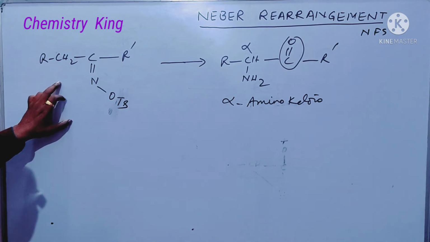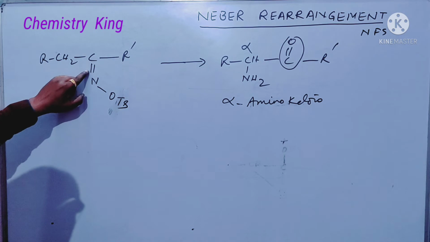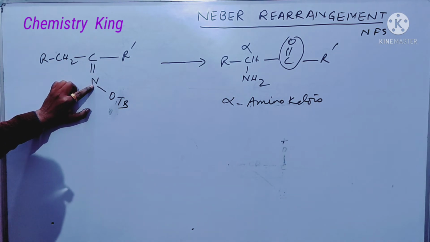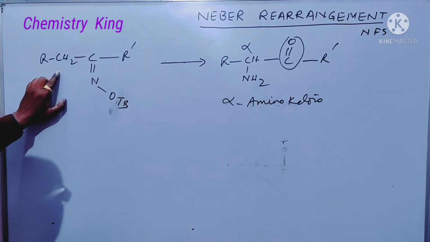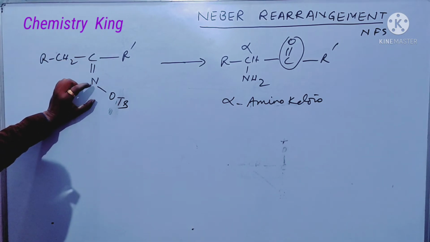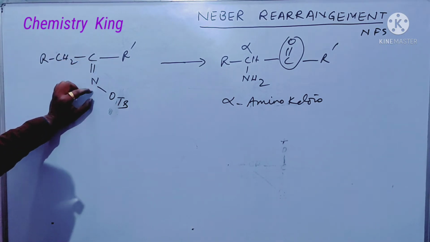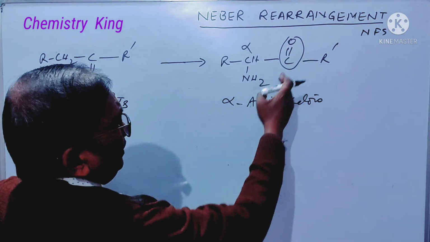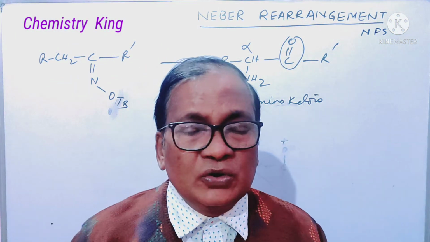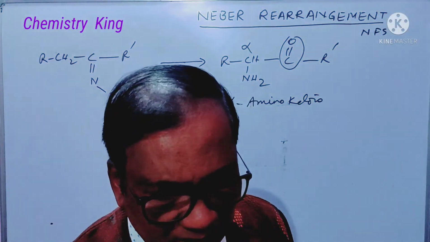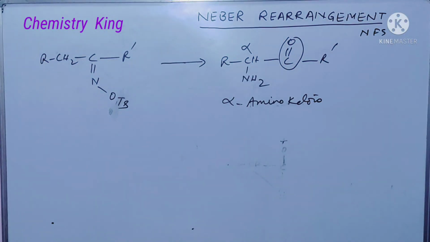Okay? Now, this is carbon double bond nitrogen, and so nitrogen has come here, therefore oxygen will come here, carbon double bond oxygen here. This is the trick to write the product. Okay?